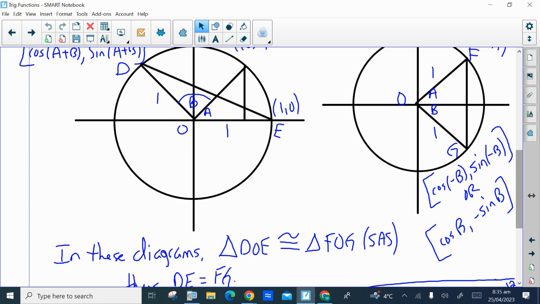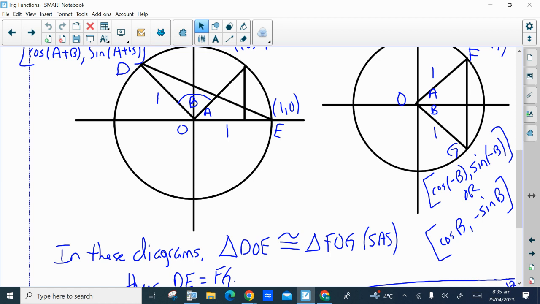And so that point would be the cosine of negative B, the sine of negative B. But remember that this is the C quadrant when you use the CAST rule, where cosine is positive. So it'll be the positive cosine of B, the negative sine of B.